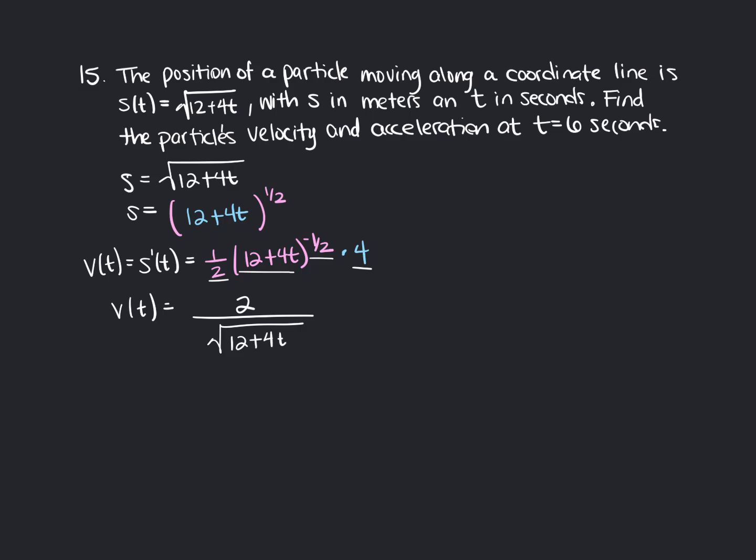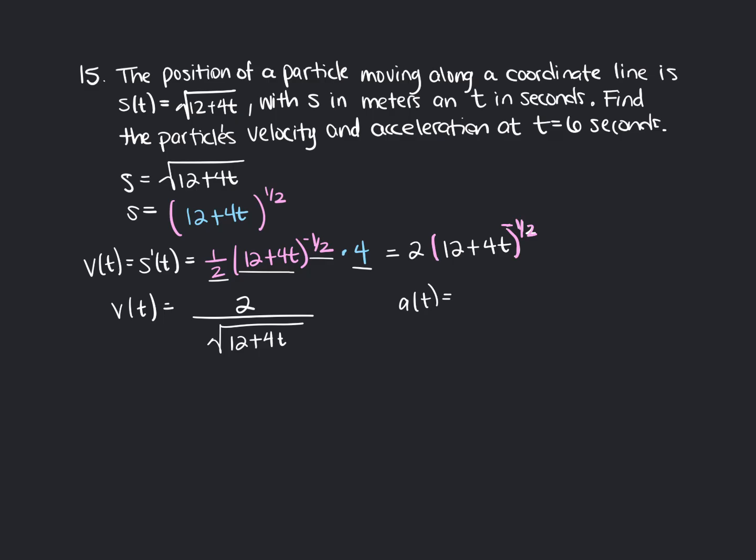Okay, now it is going to help us to actually keep this in exponential terms, because when we find that acceleration, we're going to have to rewrite things exponentially anyways. So we've got velocity. Let's take a second and find acceleration. So acceleration is, again, I'm going to have this outside function.